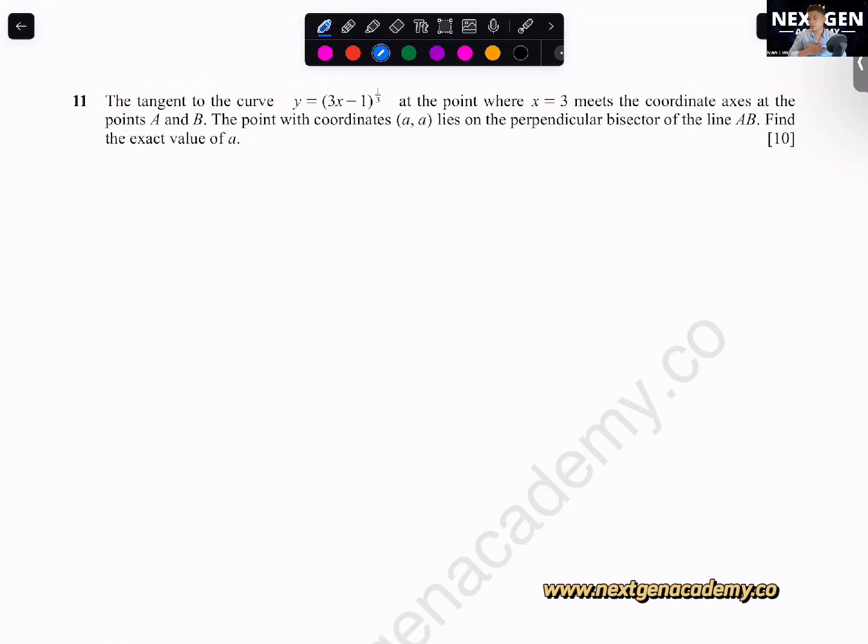So we need to find what is the equation of this tangent first. This is the first thing. Okay, so I want to find the equation of the tangent. So we'll start with this equation here first. (3x minus 1) to the power of 1 over 3. I'll do dy over dx for this. Okay, let's differentiate this.